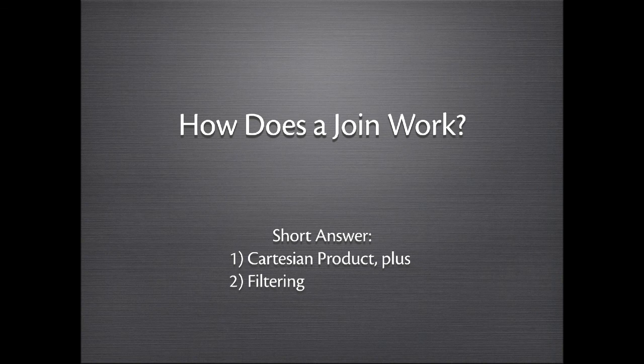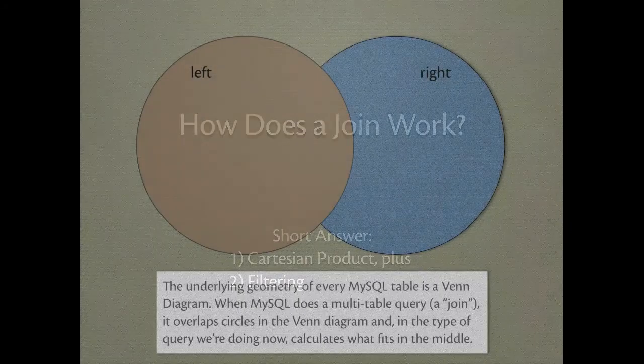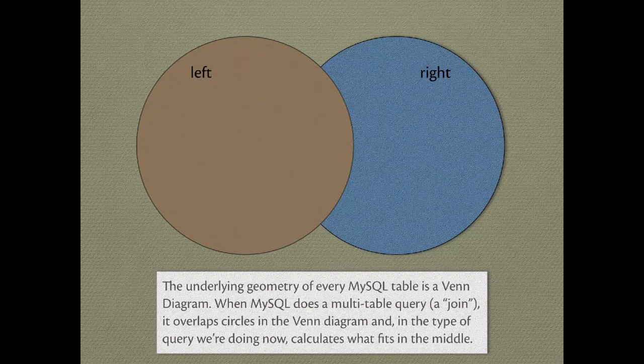The short answer is that it's a 2 or 3 step process, but we're going to create something first called a Cartesian product, and then we're going to filter the rows. So we're going to talk through an example here, and I'll show you how that works. Now, the underlying geometry of every MySQL table and every MySQL multi-table join is, believe it or not, a Venn diagram.